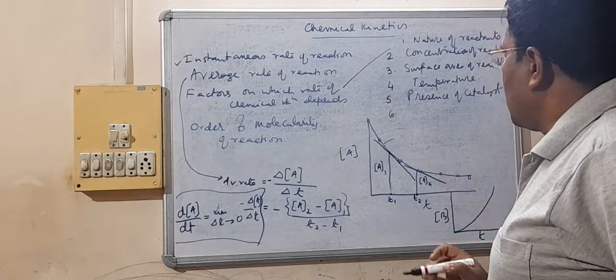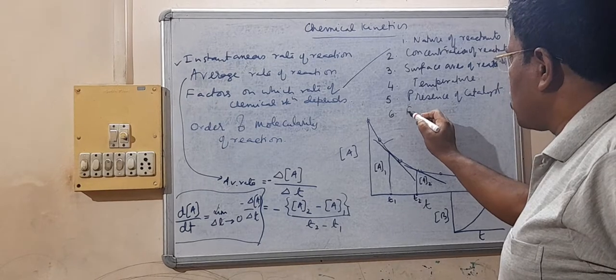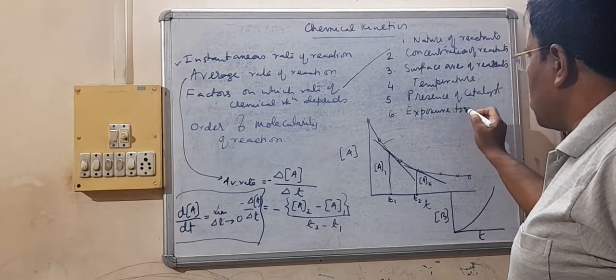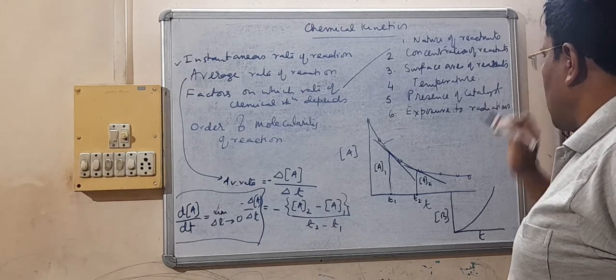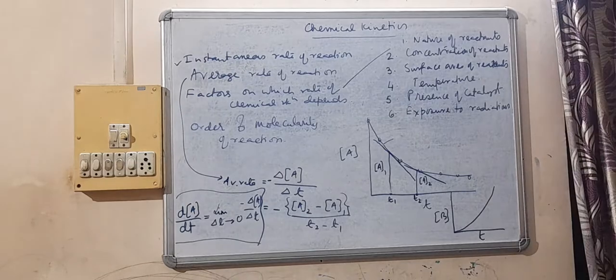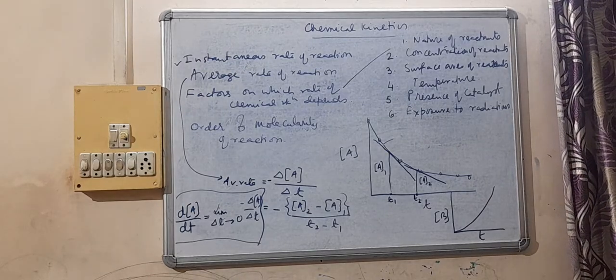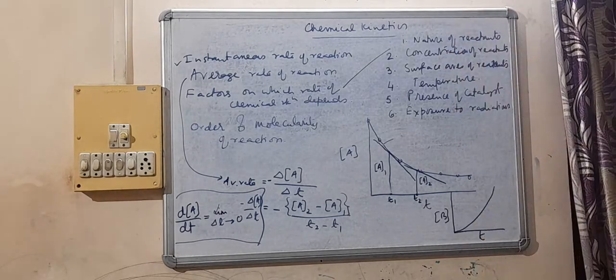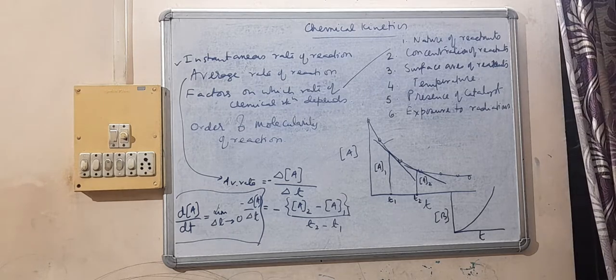And the next and final point we can write here is exposure to radiations. If radiations are falling on the reactants, then also rate of reaction increases. So these are the important factors on which rate of chemical reaction depends.